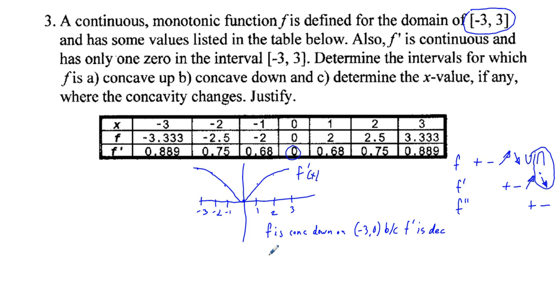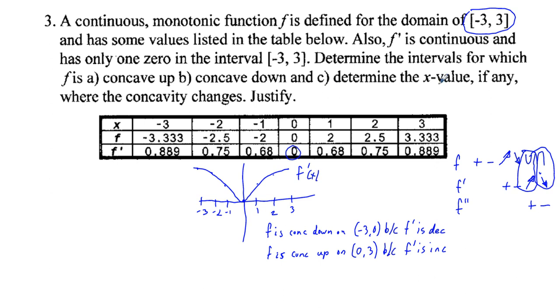Okay, now f is concave up on 0 to 3, and why is that? Because f prime is increasing. So we're just using the justification they give. So that would be this piece I'm now circling here, right? Concave up on that interval.